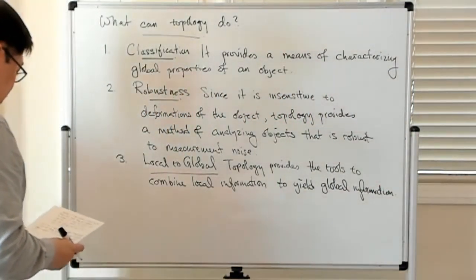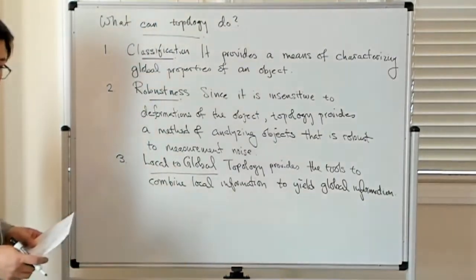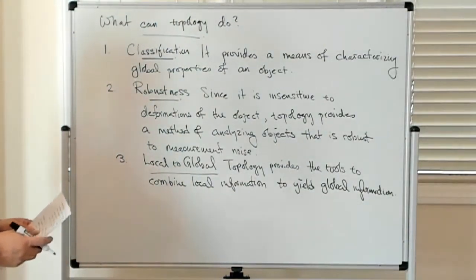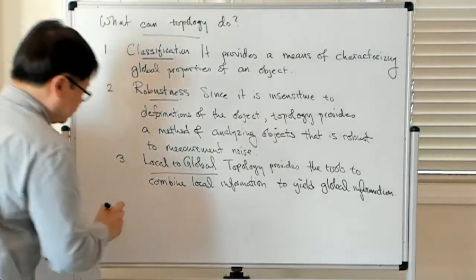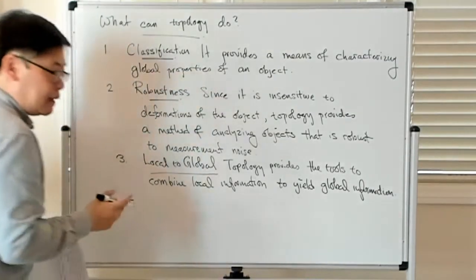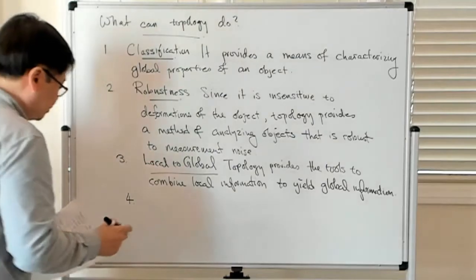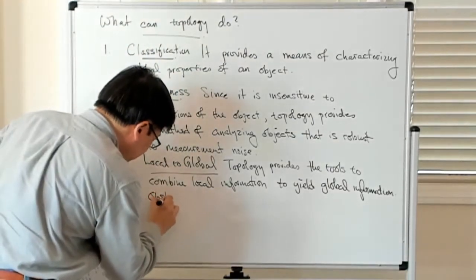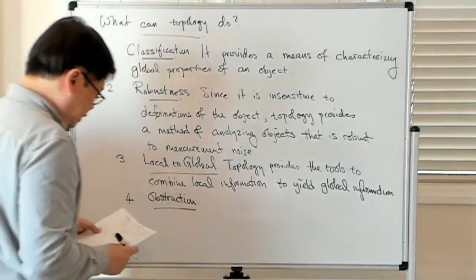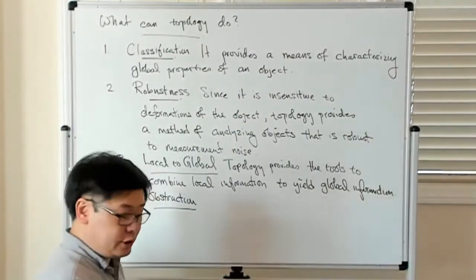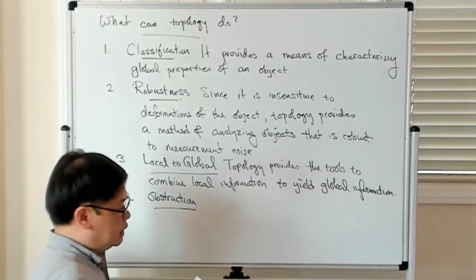And then finally, there's this idea of topology as a means of proving that certain things are not possible, often referred to as topological obstructions. So obstruction often provides a simple way of showing that certain things are just impossible.